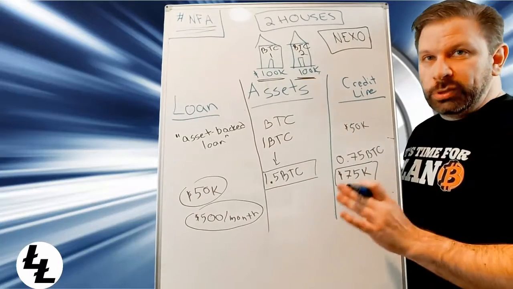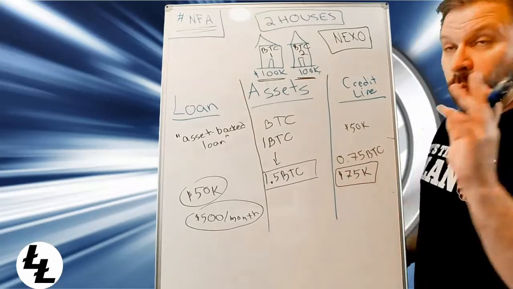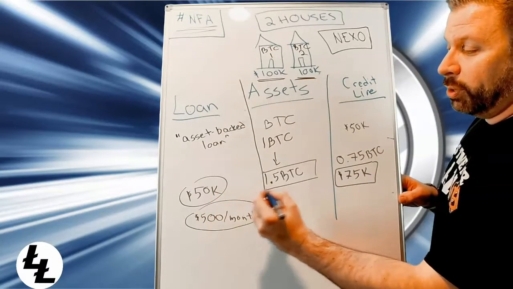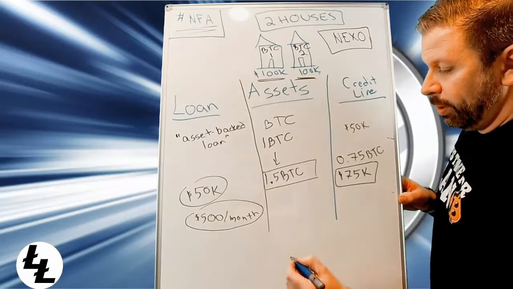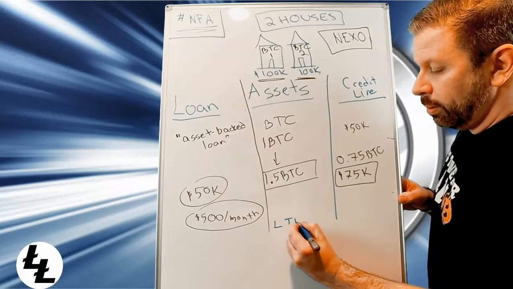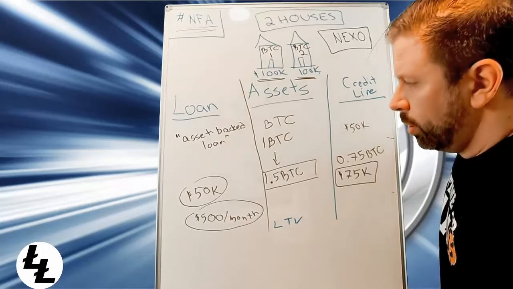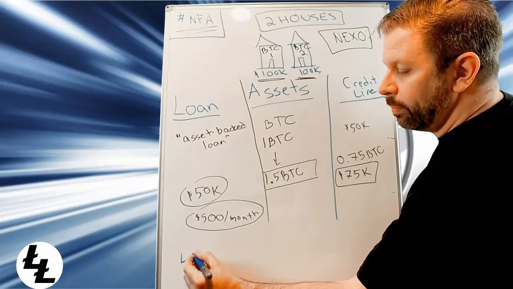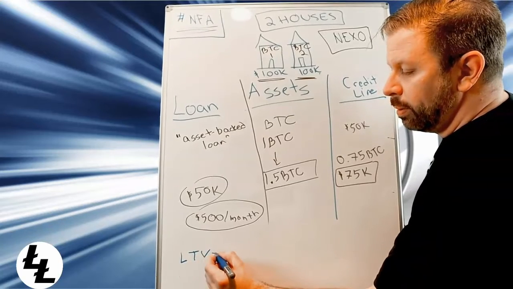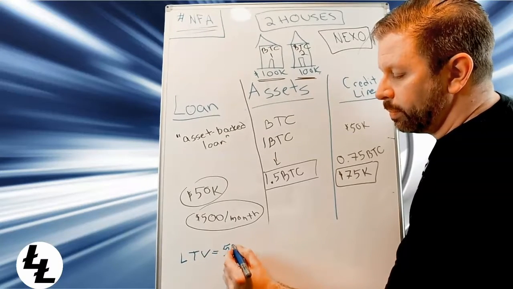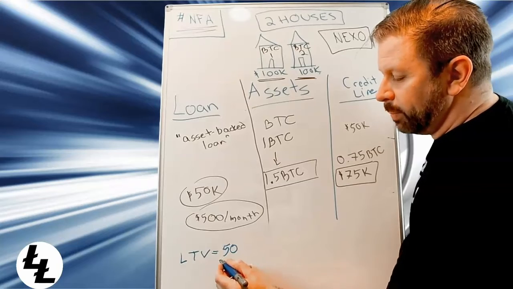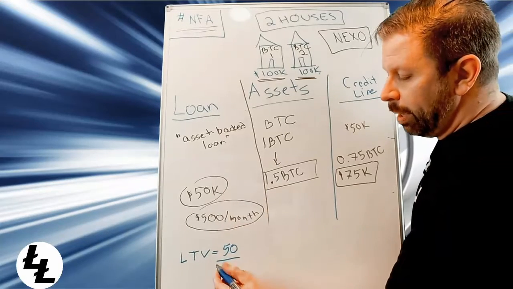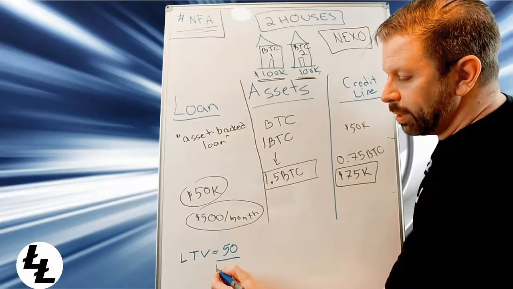So we talked about the payments one more time, and now we talked about the loan to value. Your loan to value is 33%. It is 50K. Let's put it over here underneath the loan. So my loan to value equals 50, divided by, so that's 50K, that's my loan, and my value is 150.